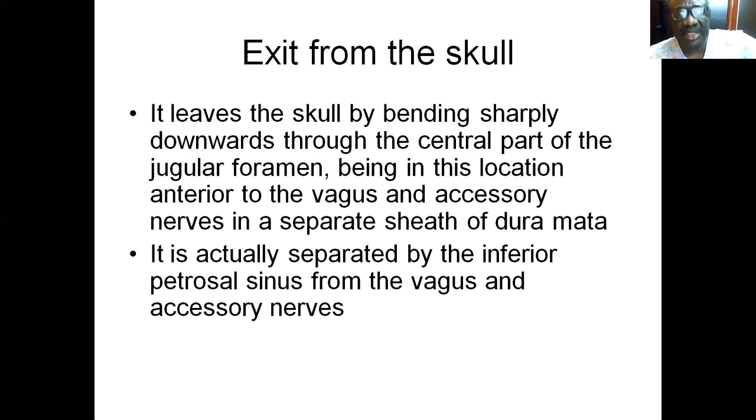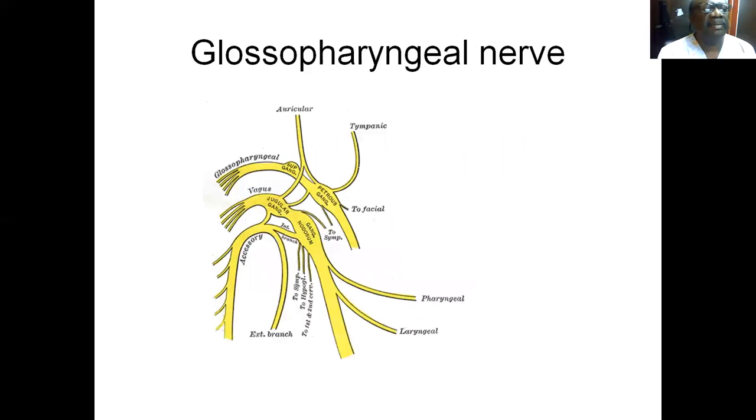It is actually separated by the inferior petrosal sinus from these two nerves, that is, from the vagus and the accessory nerve. And I just want you to concentrate on three nerves here.